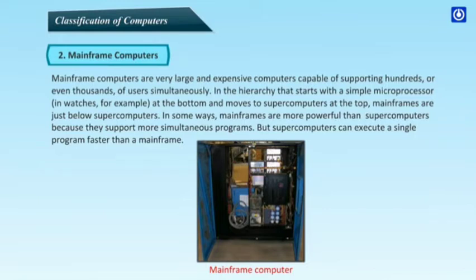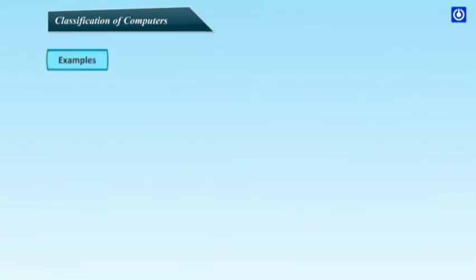In some ways, mainframes are more powerful than supercomputers because they support more simultaneous programs. But supercomputers can execute a single program faster than a mainframe. Examples: VAX 8842, CDC 6600, IBM 4381.